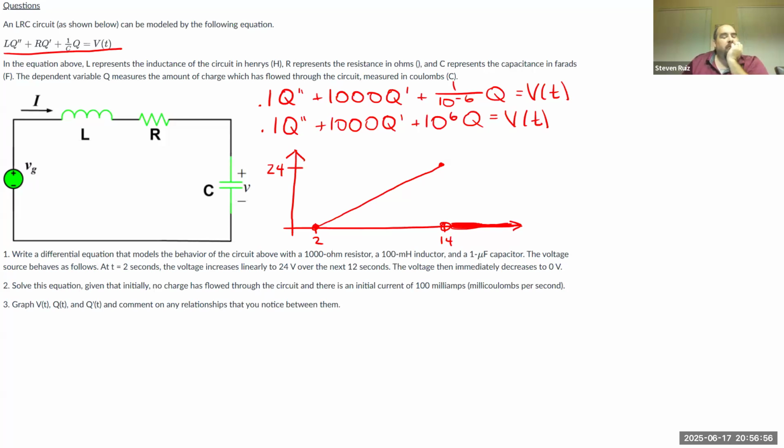Okay, so how do I deal with that? The problem with that is this. This function is not even defined from t equals 0 to t equals 2. This function is not continuous at t equals 14, which means I can't even talk about its derivative.